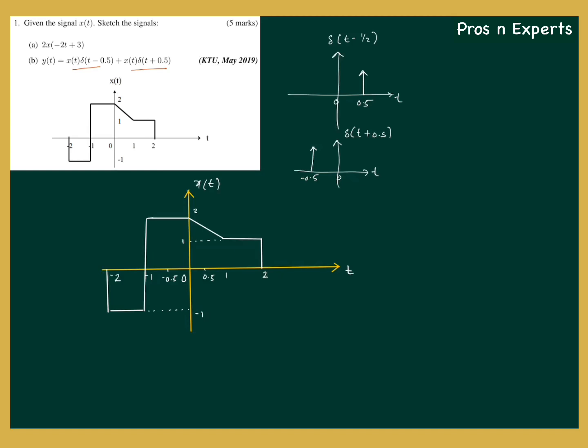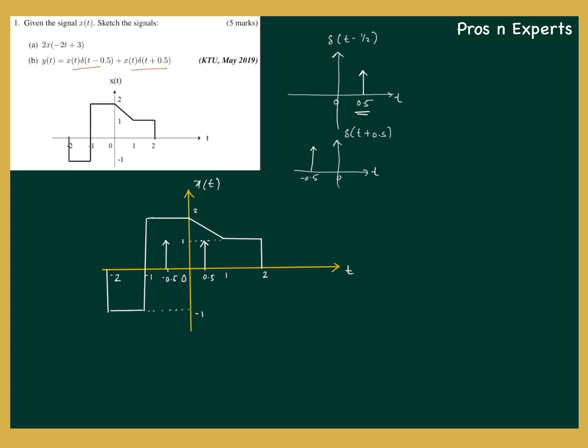Then what is x of t into del of t minus 0.5? It means you are multiplying this signal x of t, which I have drawn for you already, by del of t minus 0.5. What is del of t minus 0.5? It is an impulse signal located at t equal to 0.5. And del of t plus 0.5 is an impulse signal shifted and located at t equal to minus 0.5, right?